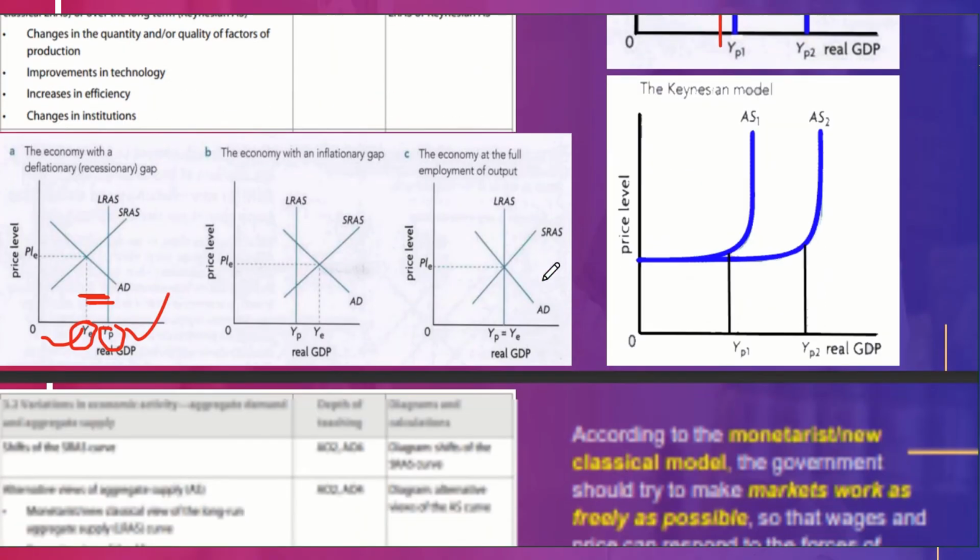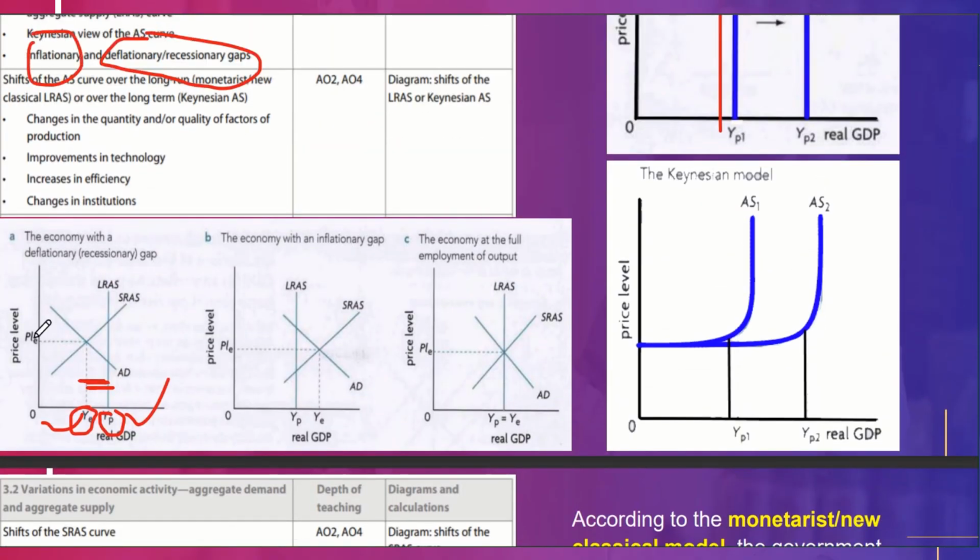And meanwhile, inflationary gap means, look at this picture. This is the equilibrium level, aggregate demand, short run aggregate supply. But long run aggregate supply, or potential level of GDP, is here, and actual GDP is this one. See, actual GDP is greater than the potential GDP. So this portion is said to be an inflationary gap.